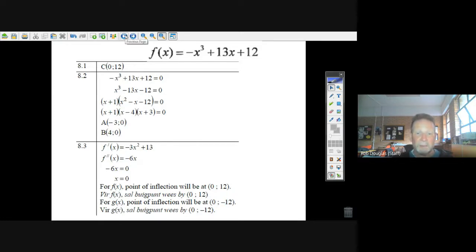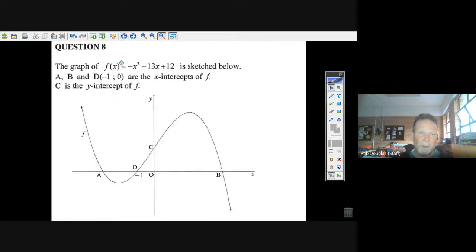Let's look at the next question. So points of inflection is we take the second derivative and we let it equal 0. And that's the place where it changes concavity, in this question from concave up to concave down. And look, you can see it happens at 12. But if you made it negative, it would be down here. It would just change it to minus 12.